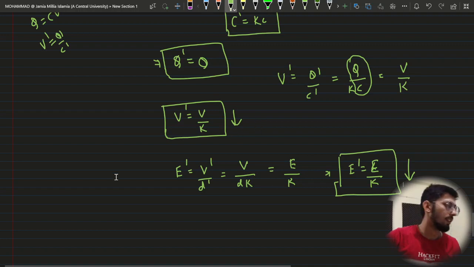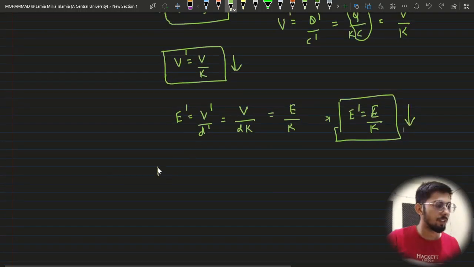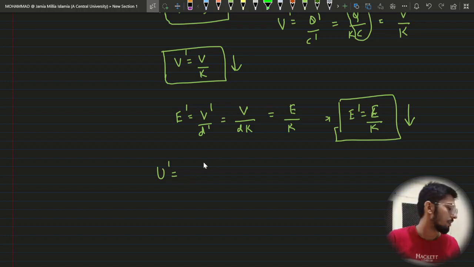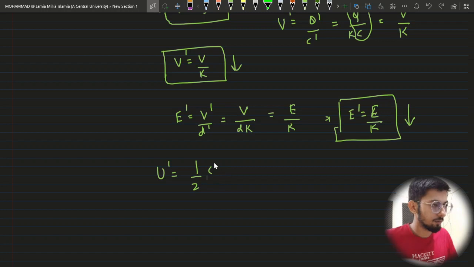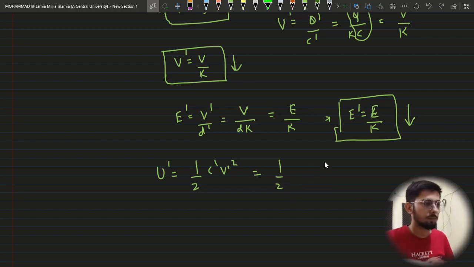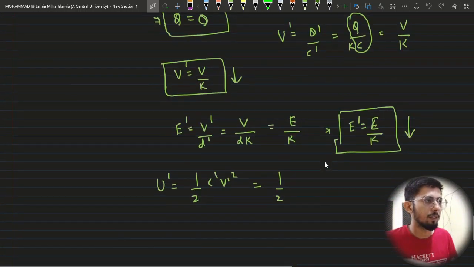Further, finally, we need to find what the energy stored in the capacitor is. So it is half C dash V dash square. C dash is how much? It is KC.